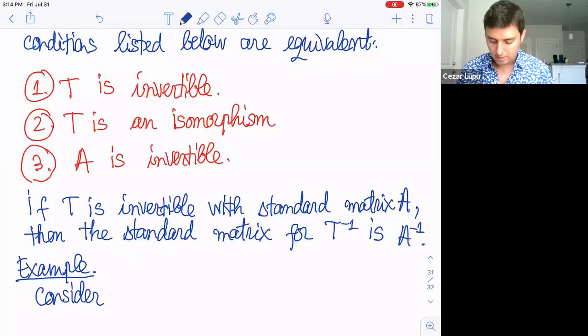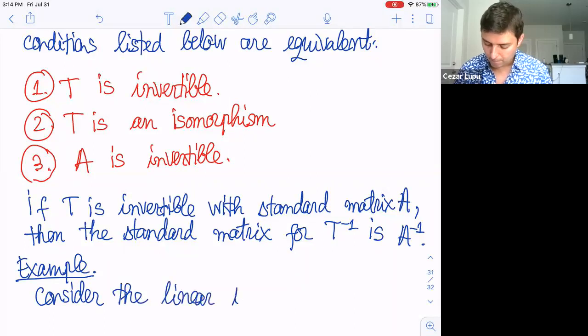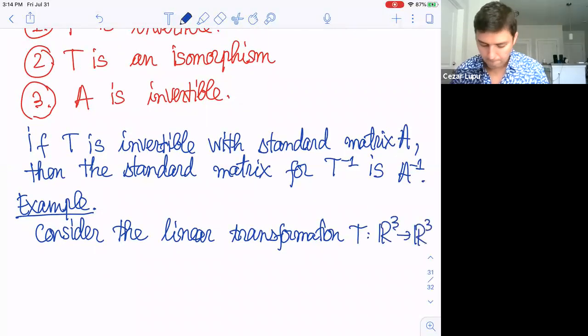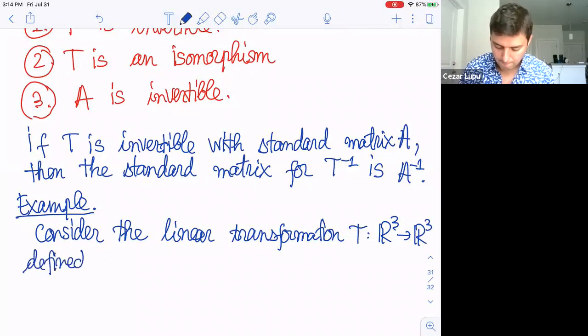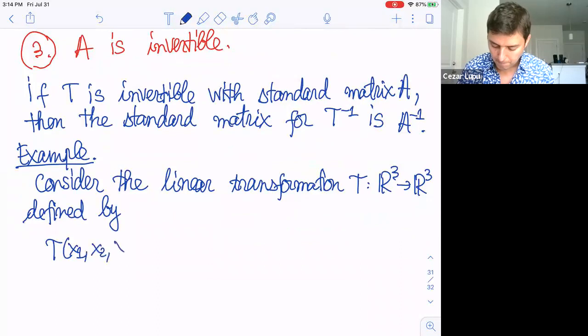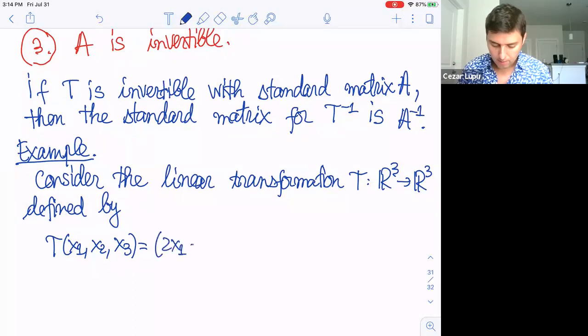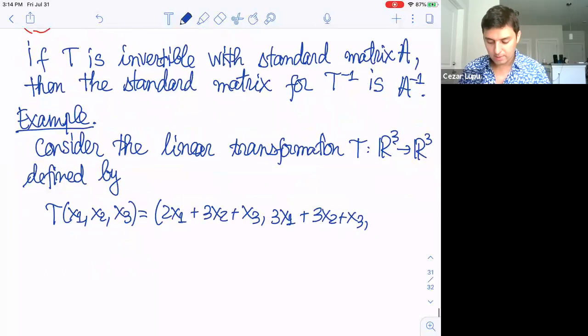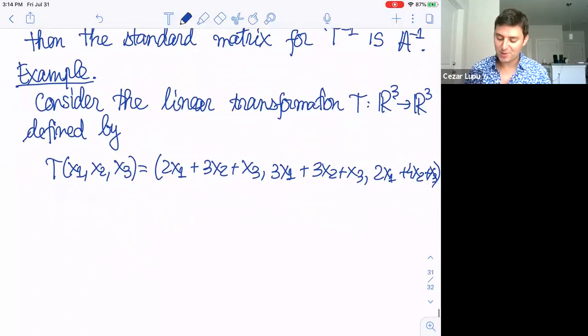So consider the linear transformation T from R3 to R3 defined by T of x1, x2, x3 is 2x1 plus 3x2 plus x3, 3x1 plus 3x2 plus x3, 2x1 plus 4x2 plus x3. I hope I'm not going to deal with a matrix that's not invertible anyway.